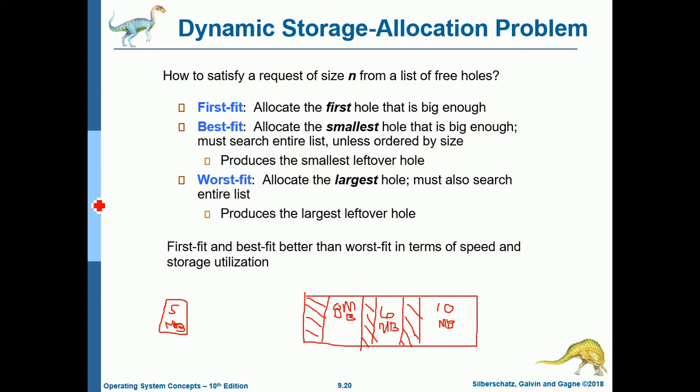So is there a case that for these fits, it will choose the same free partition? For first fit and best fit, that's always possible. What if, for example, 6 MB will be put here, and they interchange the space? What if the location has changed?